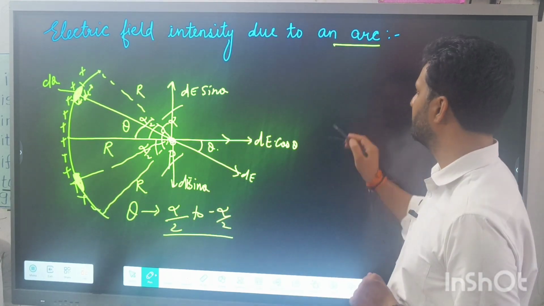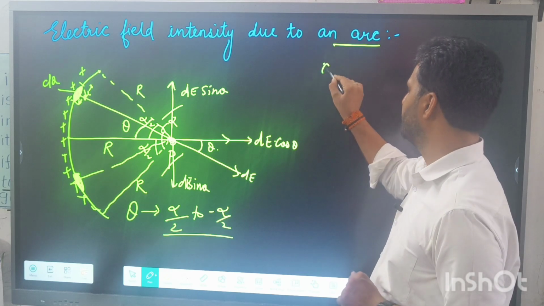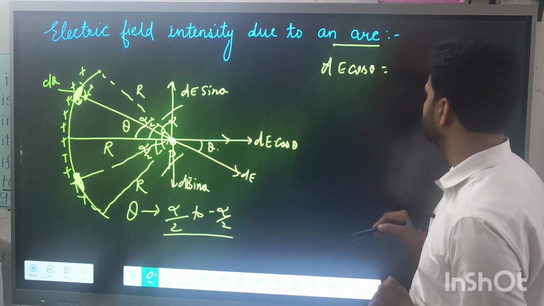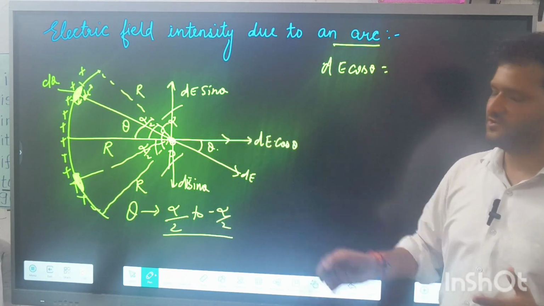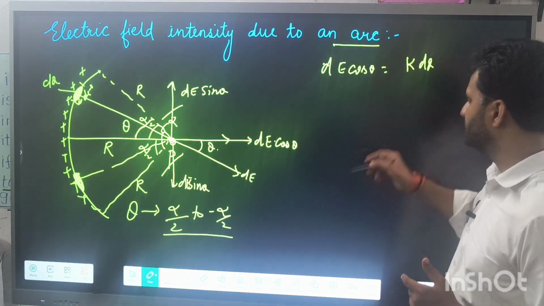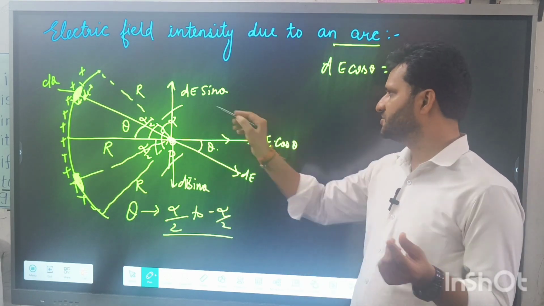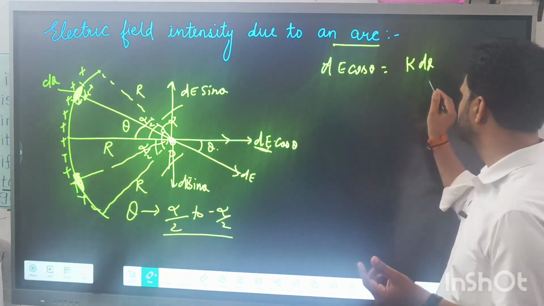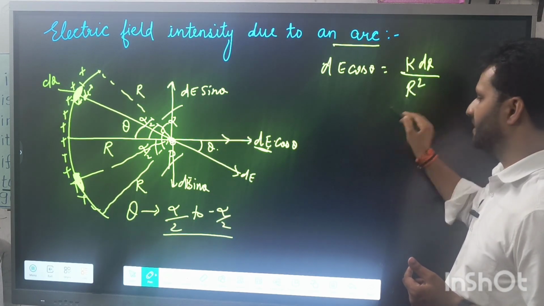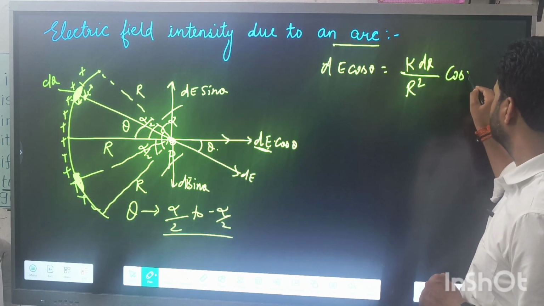See here. If I want to calculate the value of dE cos theta, we can say this value will become what? What is the value of dE? We will consider k dq, because dE is a small value due to only a small value of the charge, that is dq, right? dE cos theta equals k dq upon r square, the distance is r, so we take r square, cos theta, right?